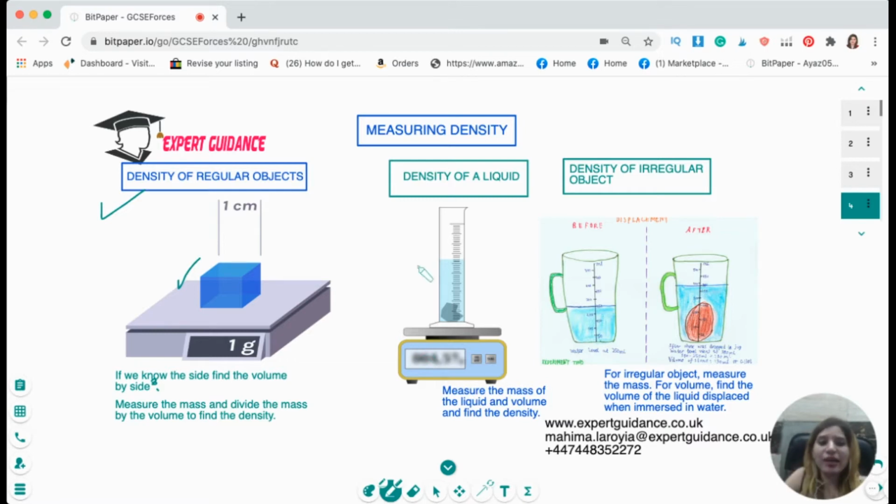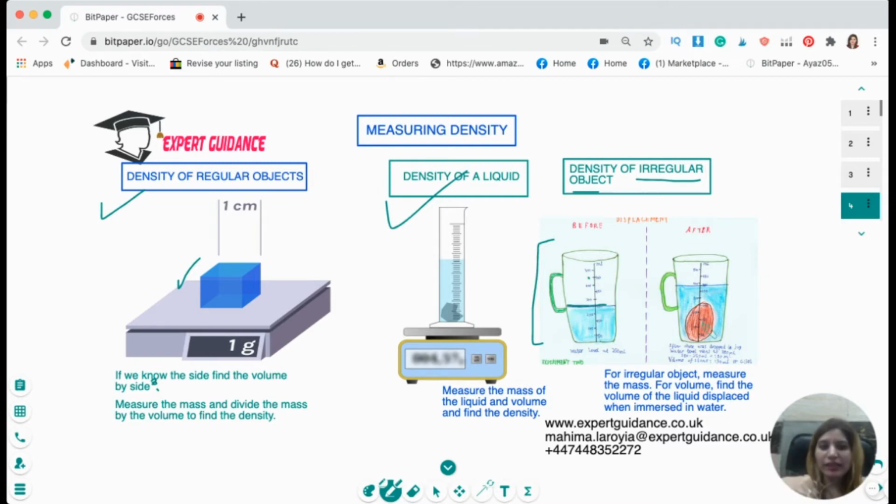Now, the challenge comes when you have an irregular object. An irregular object like this does not have any fixed volume. You cannot measure the volume easily. What you can do in this case is, mass you can measure by putting it on a weighing scale. For the volume, you can see that we have taken a beaker and we have some water in the beaker.